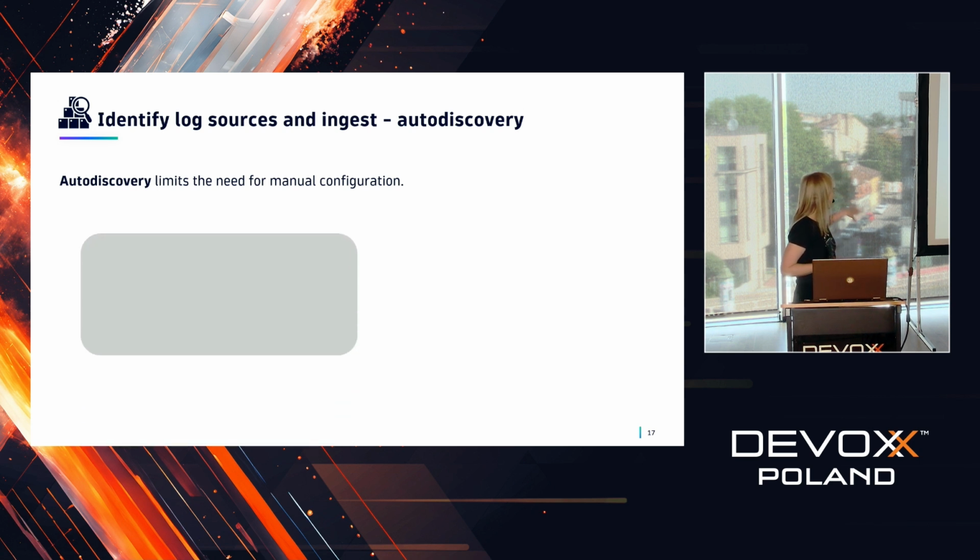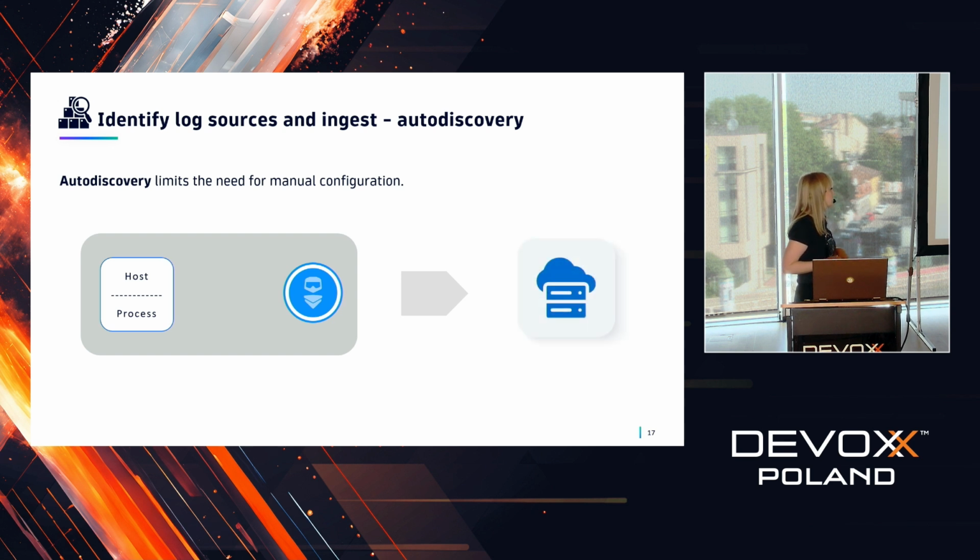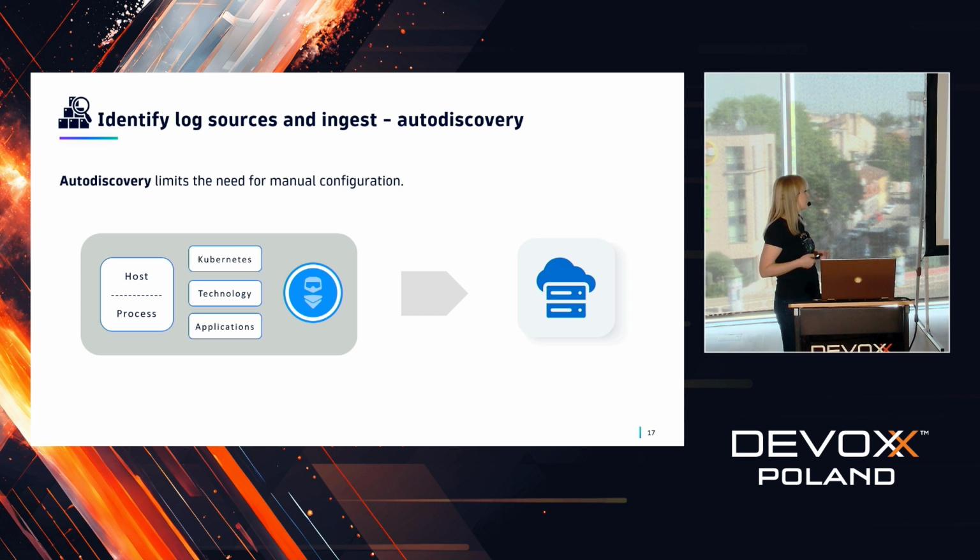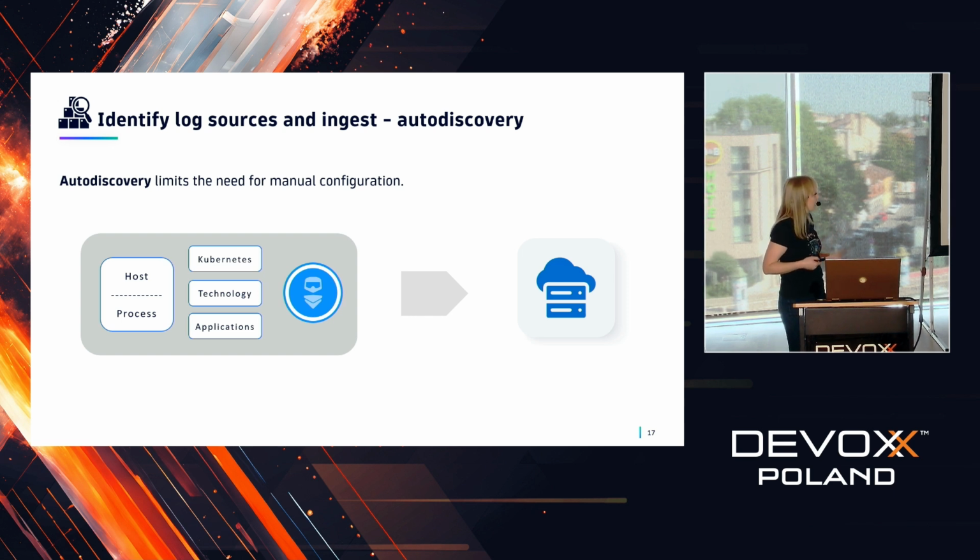It works in the way that when we have a host, we can install an agent component on it, and the agent is just running, looking for logs and sending them to some external destination. Additionally, the agent is able to find all the technologies and useful information like resource context and attach it to logs.